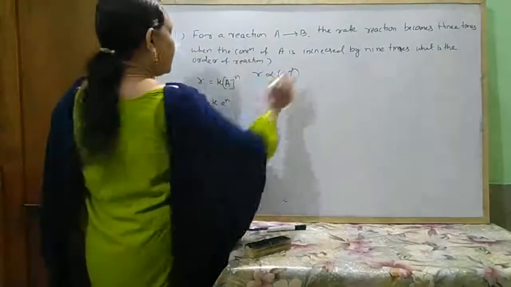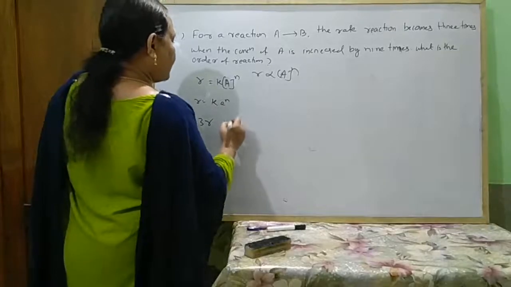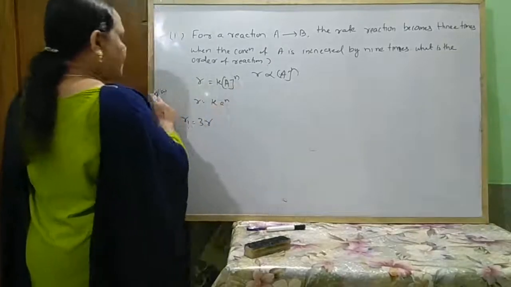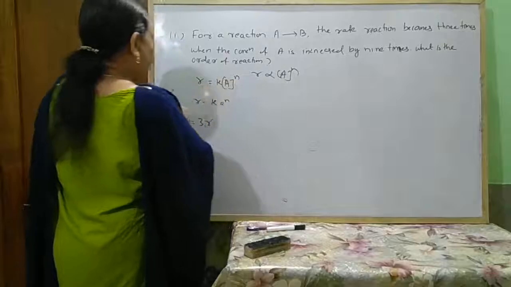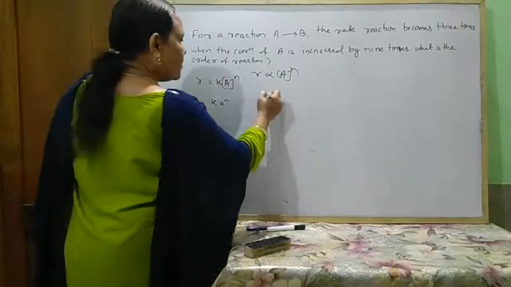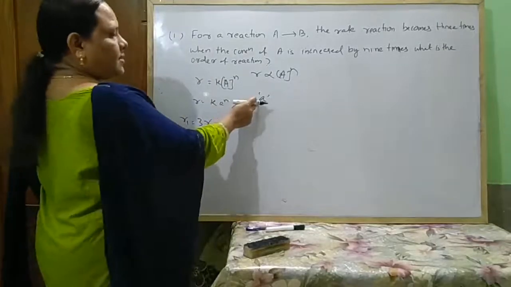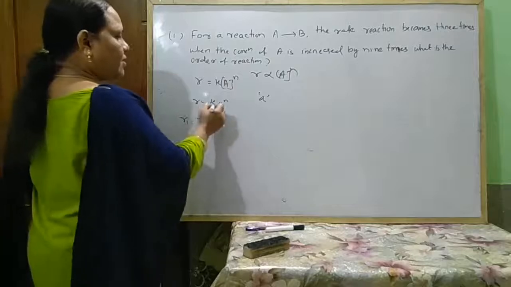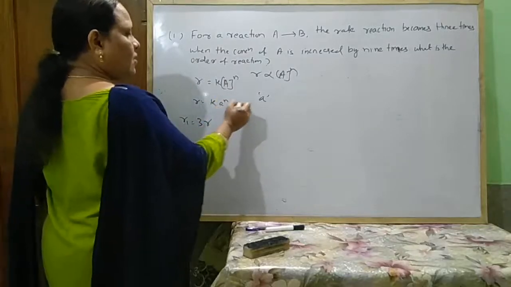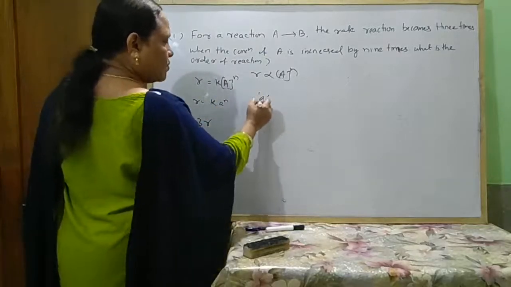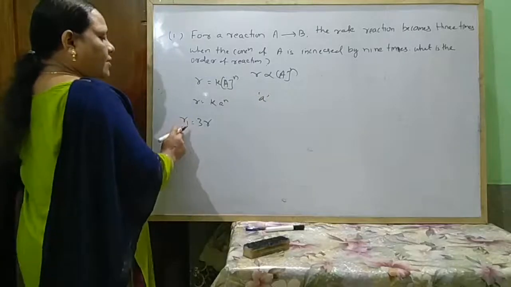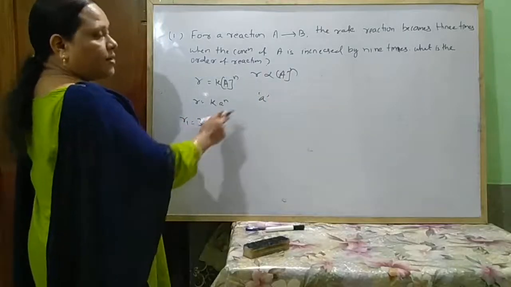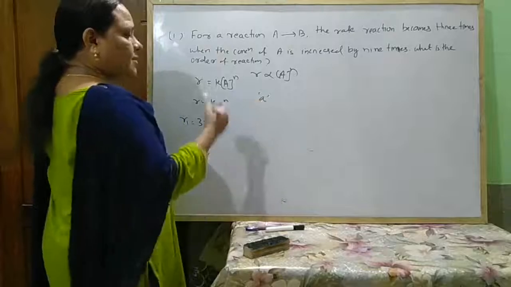That means first, let the concentration of A be A moles per liter. R equal to K A to the power N when the concentration is A moles per liter. But R1 equal to 3R when A becomes 9 times.